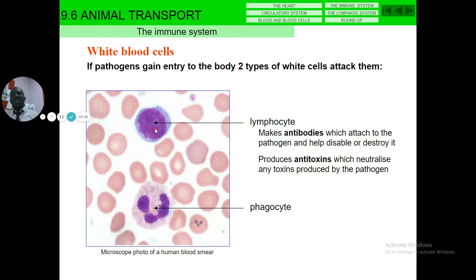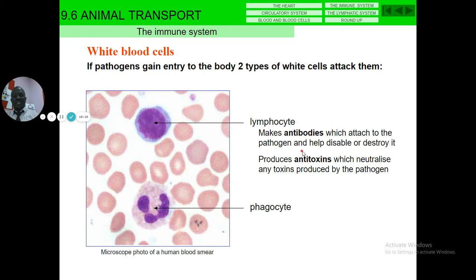The type of cells which grow from bone marrow will be responsible for producing antibodies. Antibodies are the body defenders that attack the pathogen and help to disable and destroy it or present it to the destroyers, which are the phagocytes, for feeding.